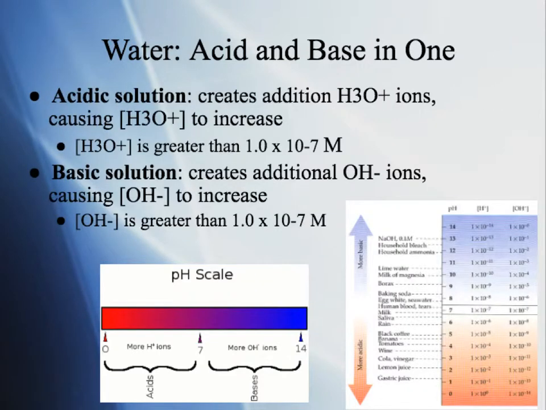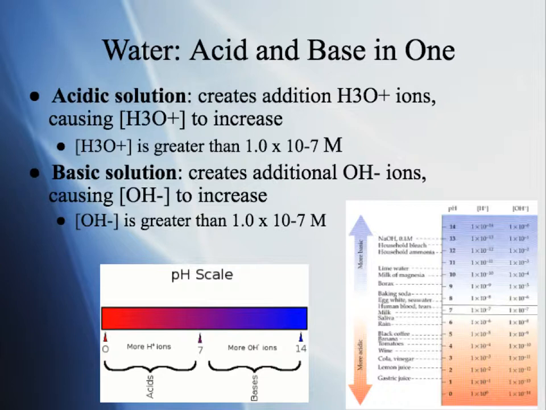So if a neutral solution has equal concentrations of hydronium and hydroxide ions, what if we have an imbalance? That's what we're going to take a look at. An acidic solution is going to be one that creates more hydronium ions than just the plain water that was there to begin with.